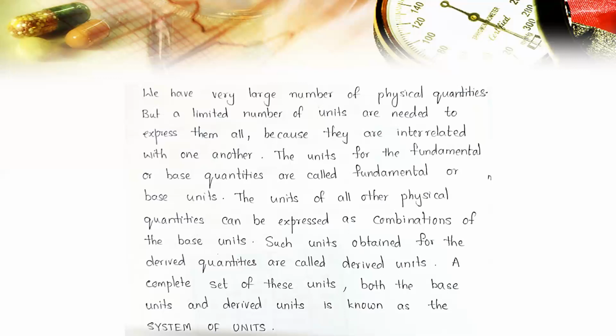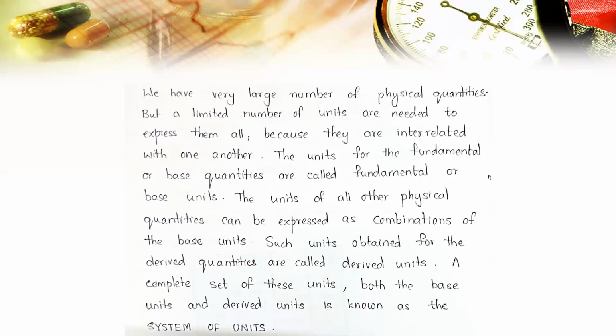The units of all other physical quantities can be expressed as combinations of the base units. As I told you, velocity is a combination. The SI unit of velocity is a combination of meter and second. Such units obtained for the derived quantities are called derived units.